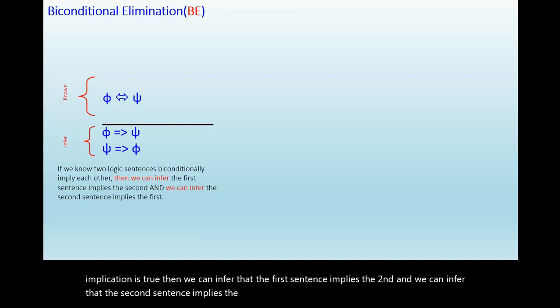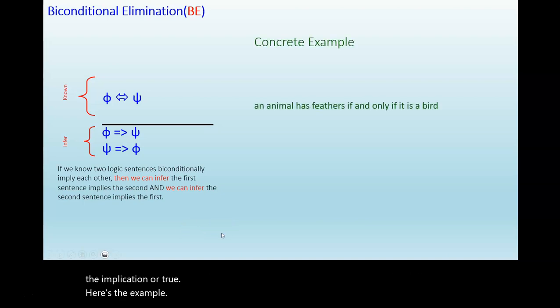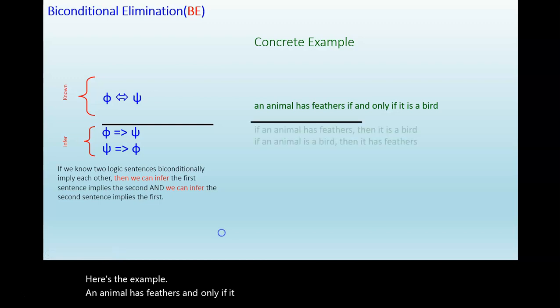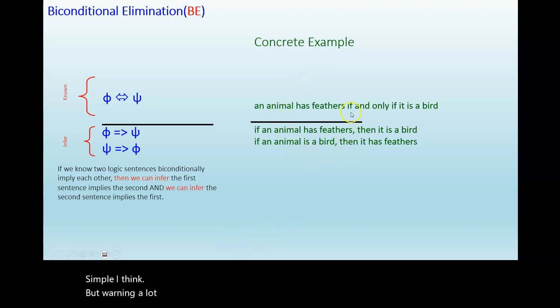In other words, we're just saying both directions of the implication are true. Here's the example. An animal has feathers if and only if it is a bird. So what can we say? If an animal has feathers, then it's a bird. And if it's a bird, then it has feathers. Simple, I think, but warning. A lot of people assume this is true for implications, which it's not.